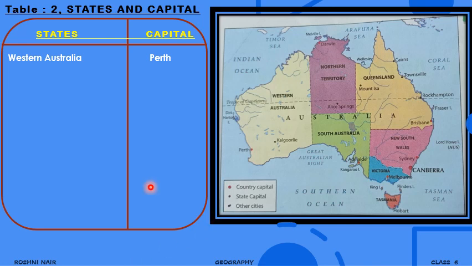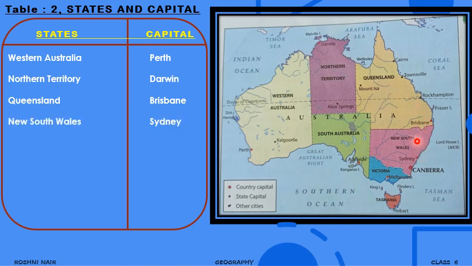Let me highlight it here. This is Perth, Western Australia, and Perth is the capital of Western Australia. Next is Northern Territory. Northern Territory capital is Darwin. Next important state is Queensland, and the capital is Brisbane.